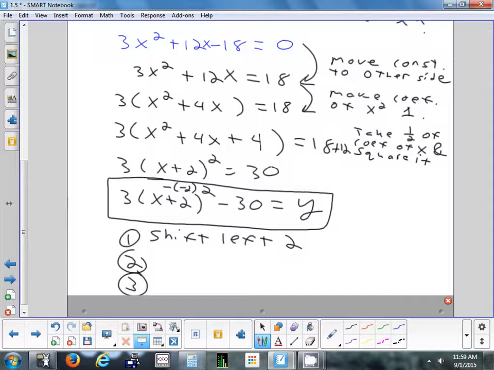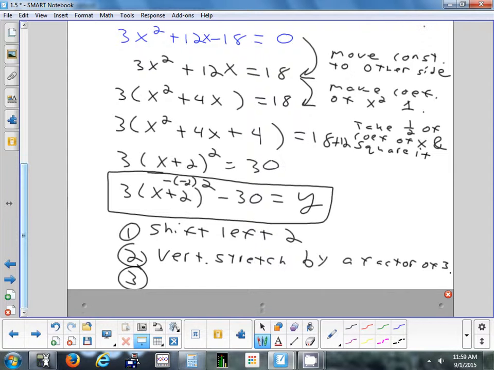Okay, the next part is the 3. What's the 3 do? Yeah? Vertical stretch. Good, that's a vertical stretch by a factor of 3. If that number came out to a fraction, I would put vertical stretch by a factor of 1/3. Okay, if it came out to that, that's how I'd read it.